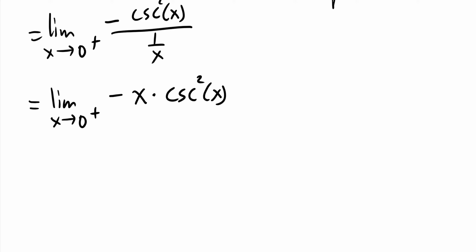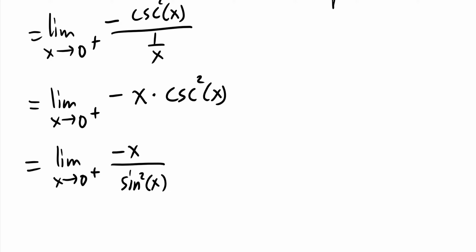Then what is that going to give us? Notice that it's always easier to work with sine and cosine rather than cosecant and secant. So rewrite cosecant as 1 over sine. So it's negative x over sine squared x. If I pass the limit, that will give me 0 over sine 0, which is 0 over 0. That's another indeterminate form.